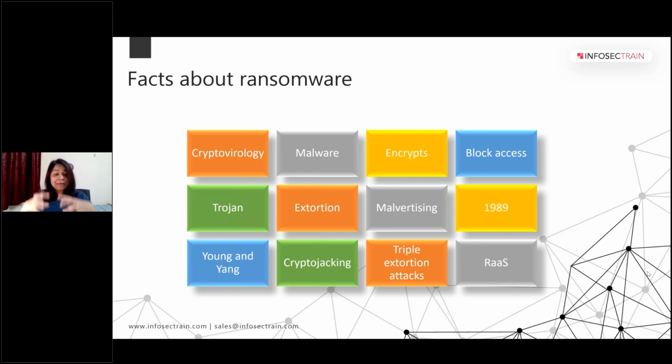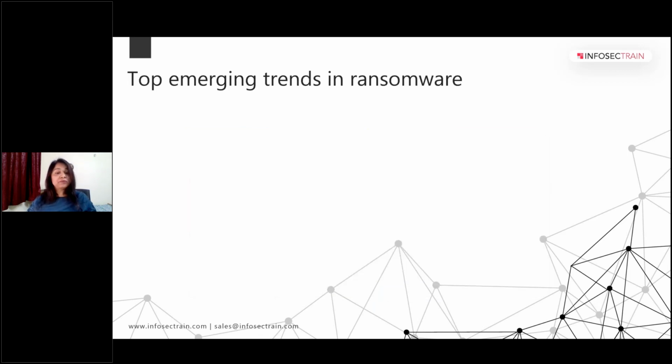Now, these malware can be made available to buyers like you and me, and to quote one such group is Conti Ransomware Group, and they leaked a playbook on how to launch these ransomware attacks. Pretty scary, isn't it?